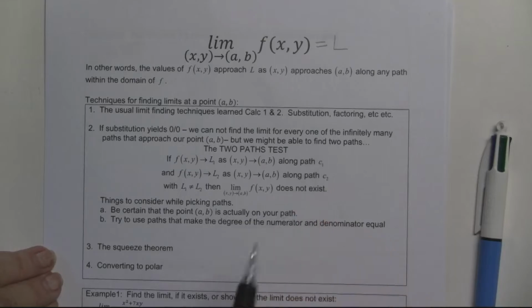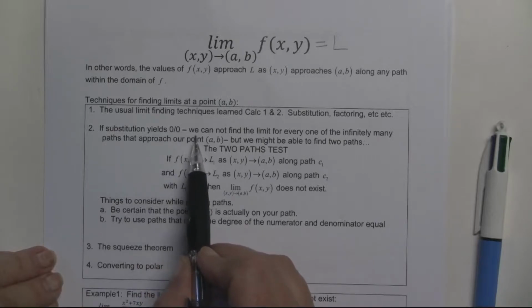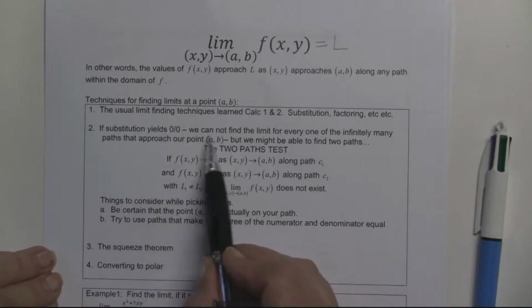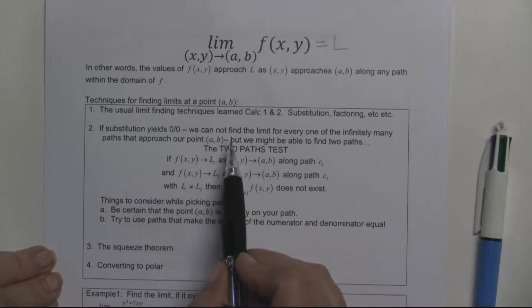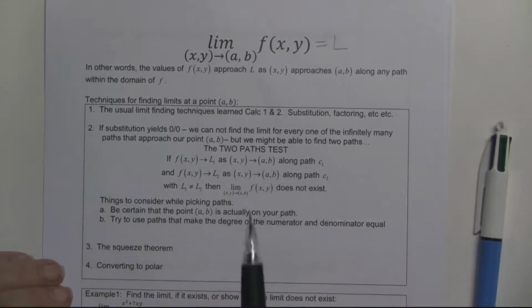A new story, though, because we're in 3 dimensions here. If substitution yields 0 over 0, you will not be able to find the limit for every one of the infinitely many paths through the point. But here's something.